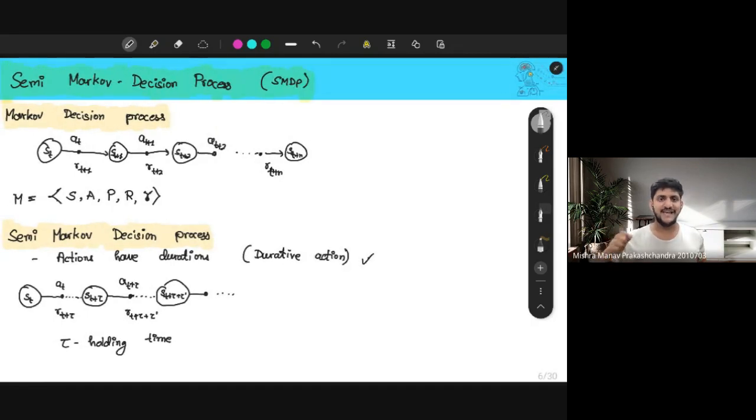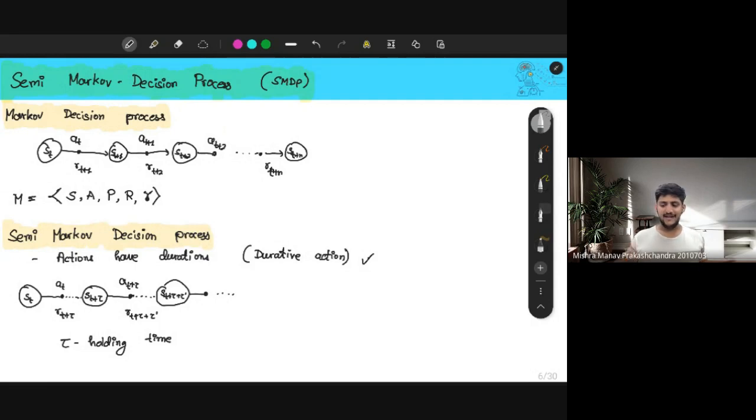Okay, that means I'm holding that particular decision, and I'll do it after time t plus tau, and that will be done instantaneously. So that's another way to look at it. Instead of saying that the action takes tau time to be completed, I say I hold my decision to take that action, and I take the action at time t plus tau, and that is instantaneous. So that way, it is known as holding time.